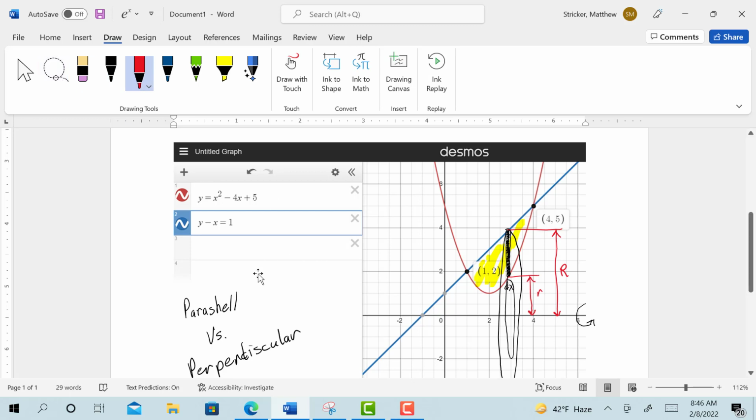If we were to set that up, we can see that x goes from 1 to 4, so the representative rectangle slides from left to right between 1 and 4.